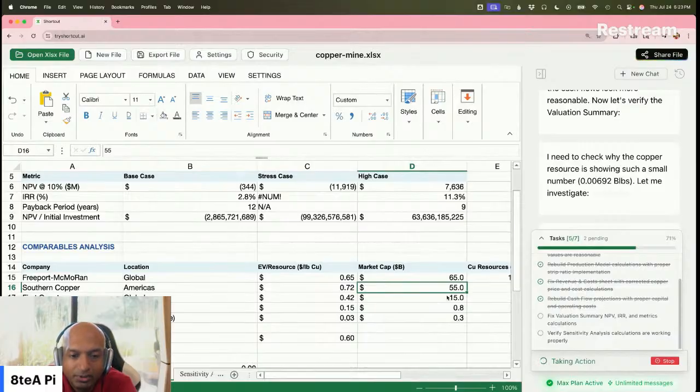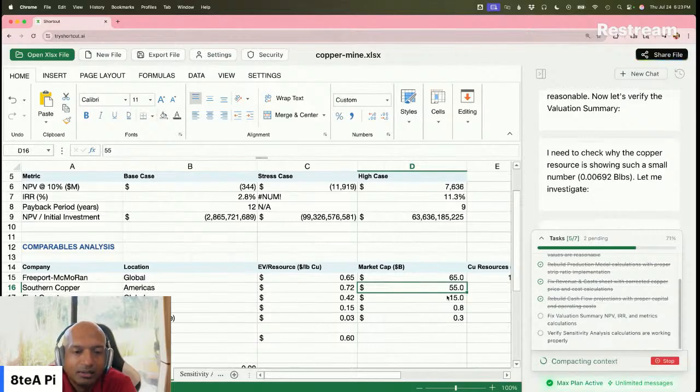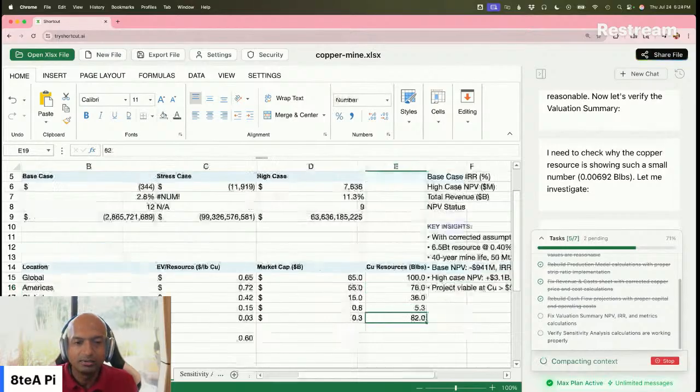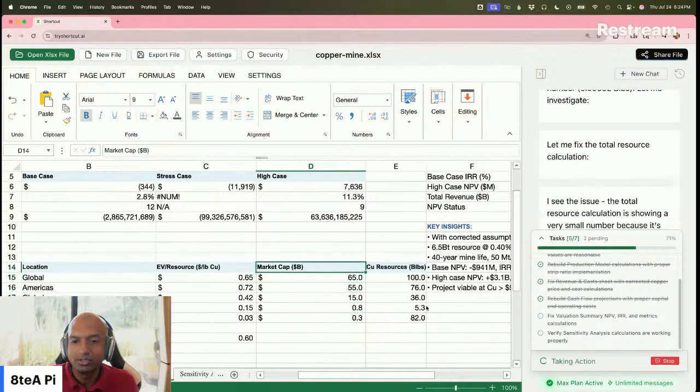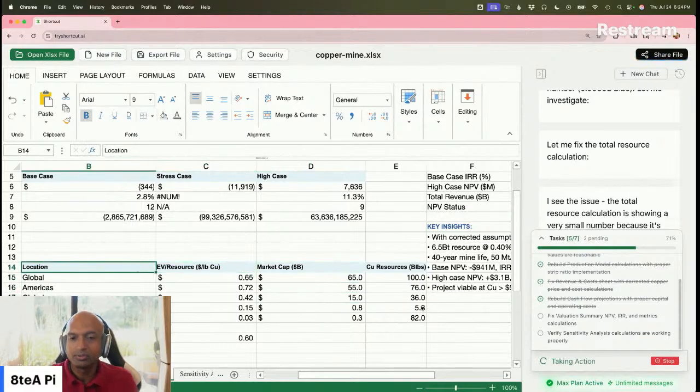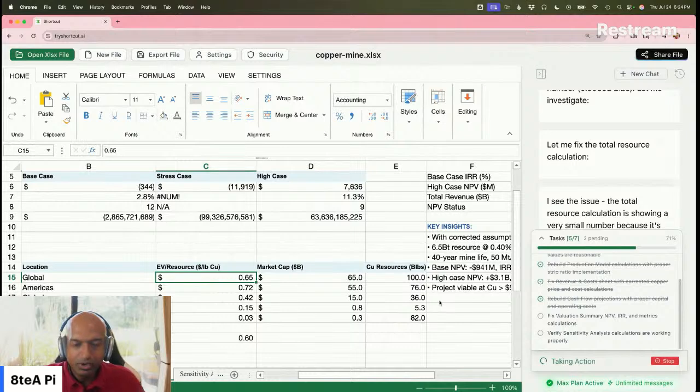I want the resource numbers for the comparables and the calculation. So it's really not that useful for me that it pulled out market cap, because it pulled out market cap here, but then you're using enterprise value for resource.